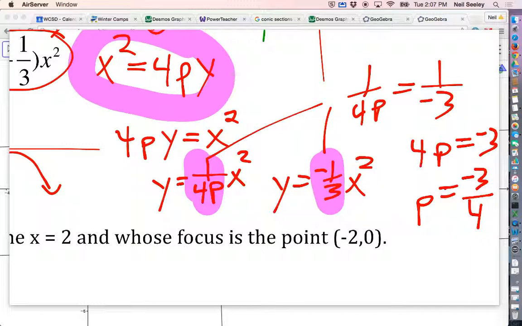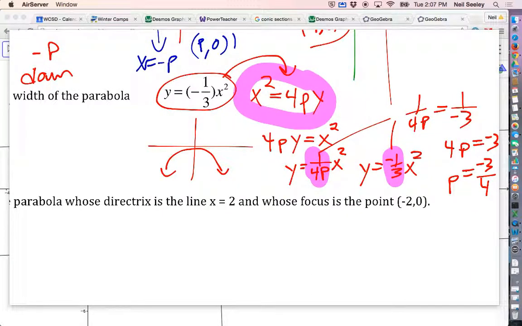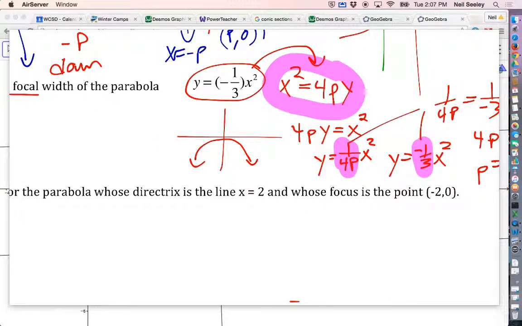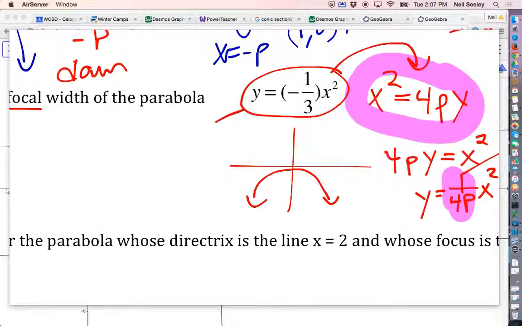So to find p, you have to line the forms up with one another. They have to match up. The other route I was mentioning is multiplying both sides by -3, so you get -3y equals x squared.